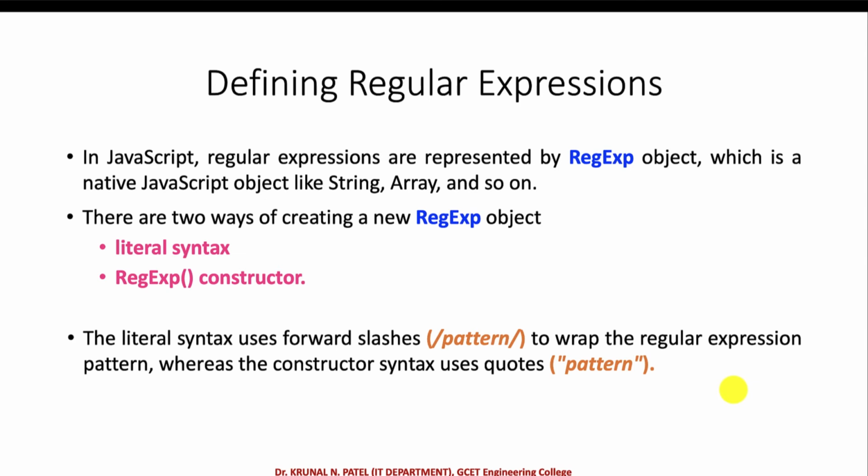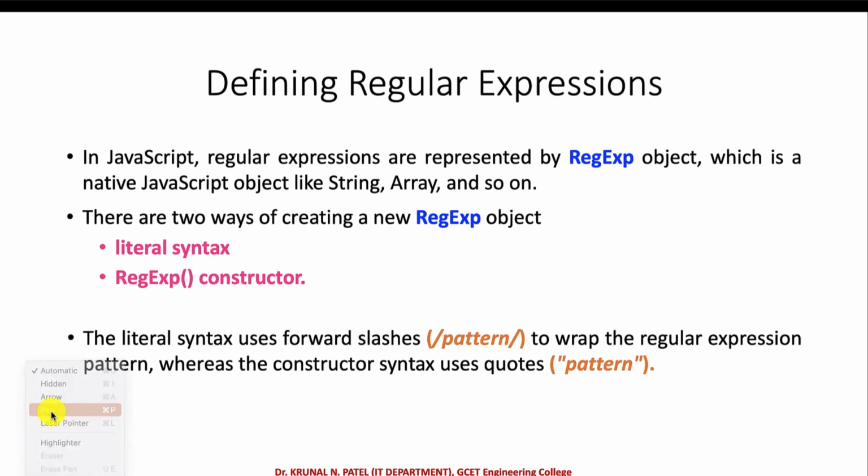So regular expressions are represented by the RegExp object, which is a native JavaScript object like string, array, and so on, right? And the second way is the literal way, right? So literal syntax or constructor way, those are the two ways we have for regular expressions, right?